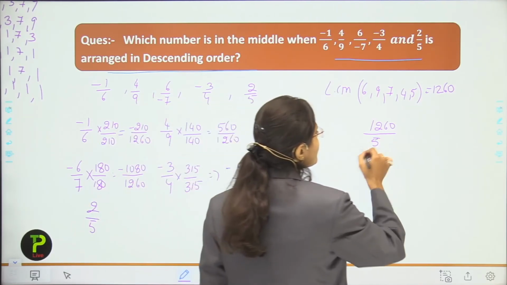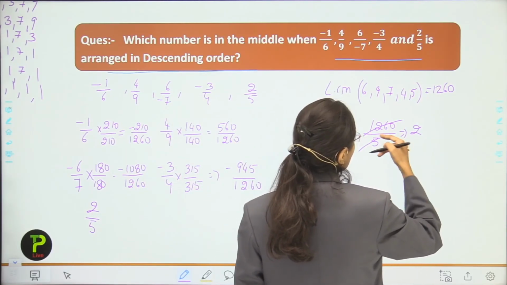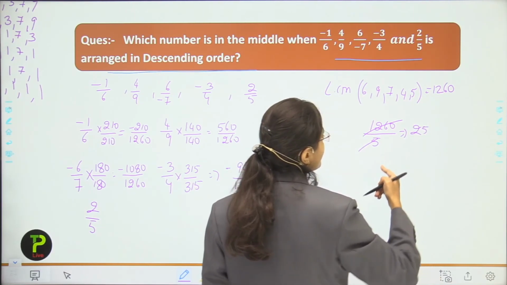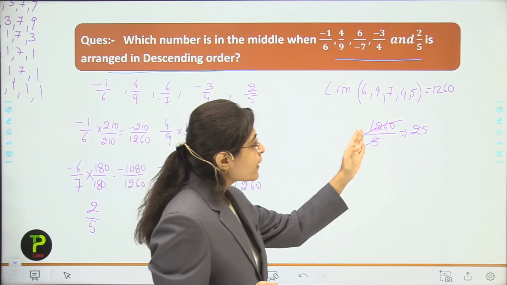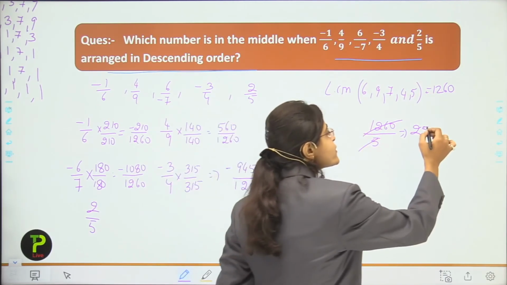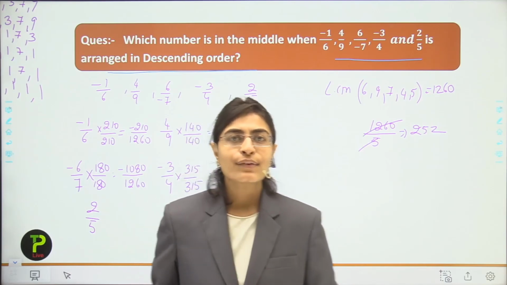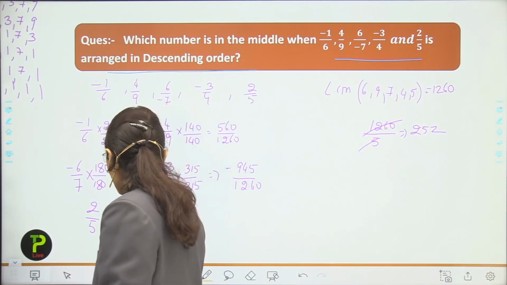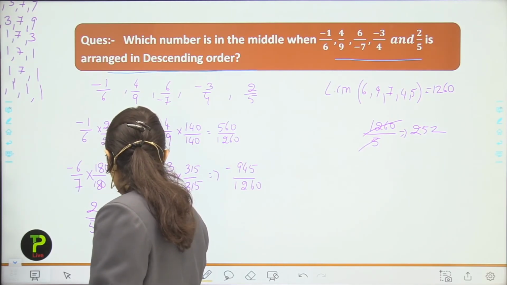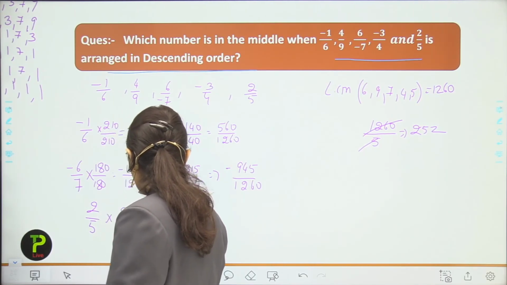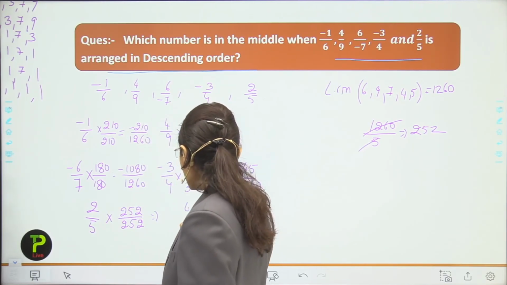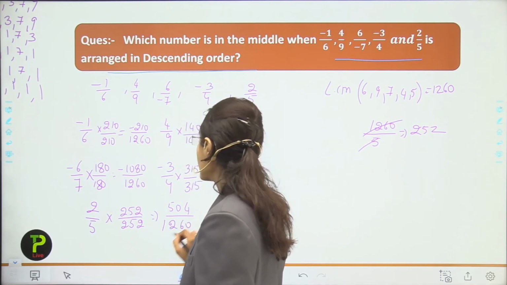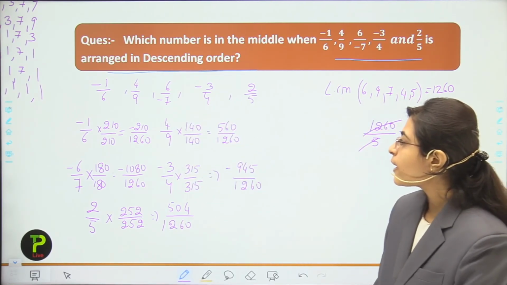So it will be 5 2s are 10, then 26, that is 5 again, 5 5s are 252. Alright, so here multiply the numerator and denominator by 252. So here I'll get 504 and it will be equal to 1260. Done. Alright. Now what we have to do?